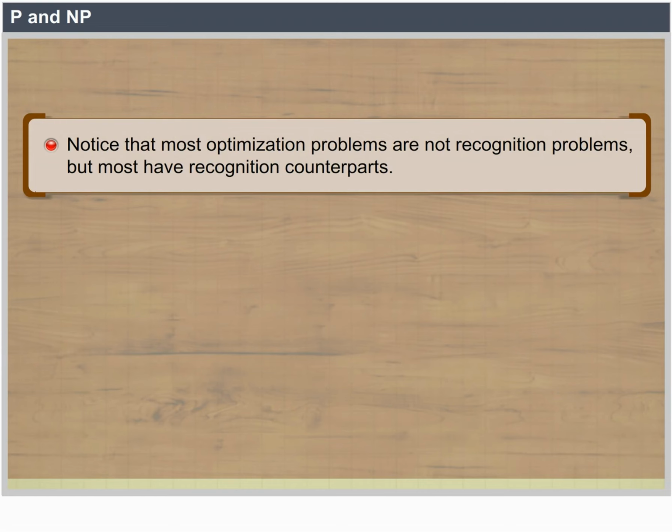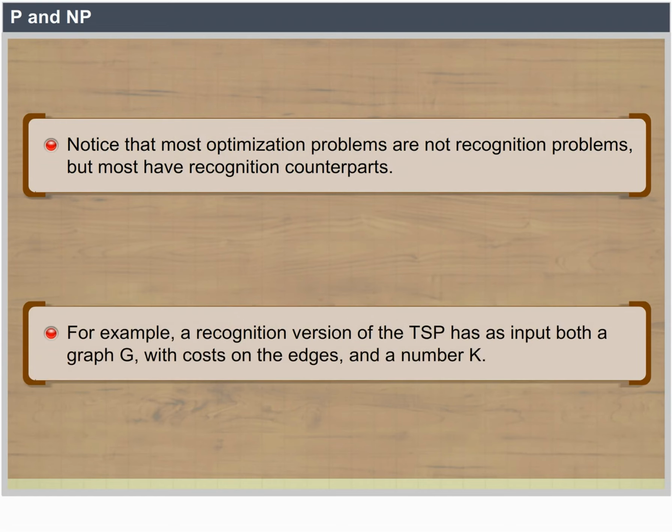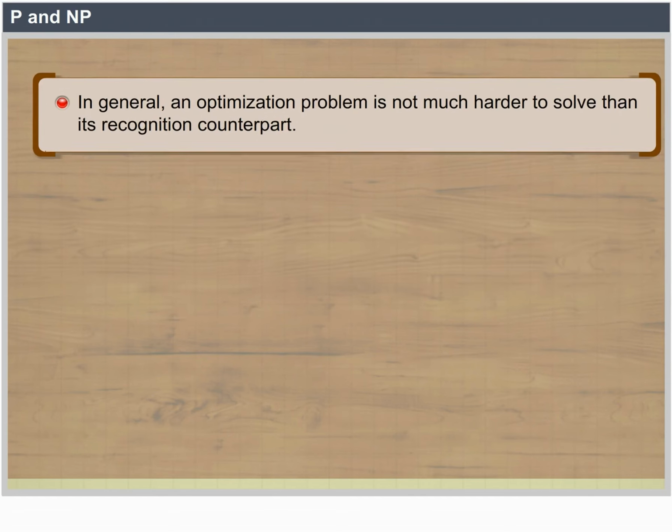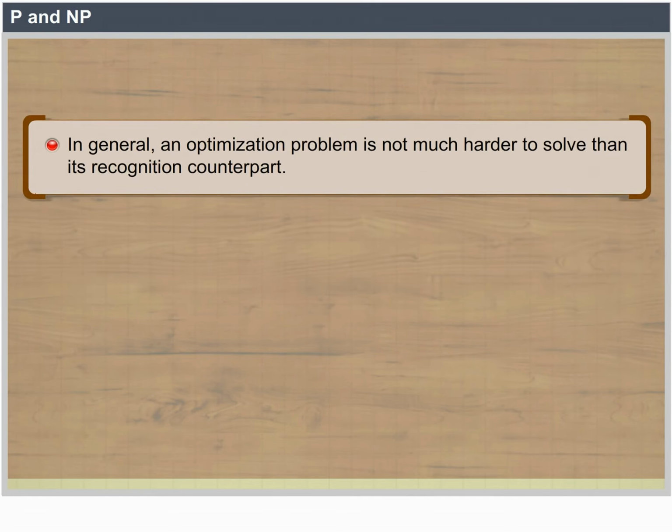For example, a recognition version of the TSP has as input both a graph G with costs on edges and a number k. The associated question is, does G contain a traveling salesman tour of length less than or equal to k? In general, an optimization problem is not much harder to solve than its recognition counterpart.